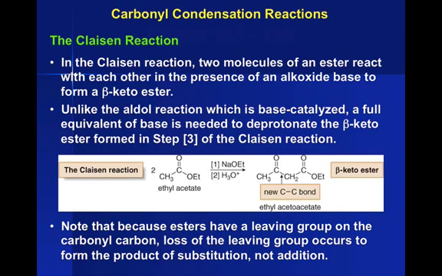Sam, help me push the arrows. The pi bond is going to the carbon on the left. It's going to the carbonyl carbon. I need to push one more arrow, though, to do that. The negative charge there is going to come down and attack that. And this is going to then attack, what did you say? The carbon.